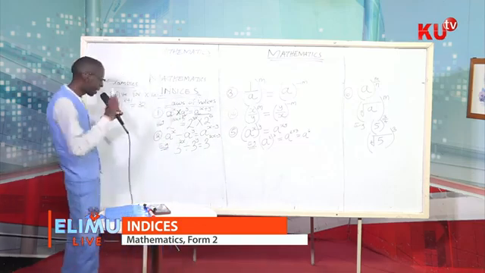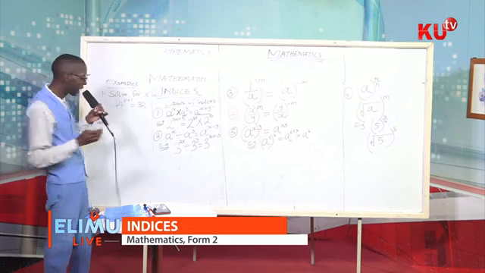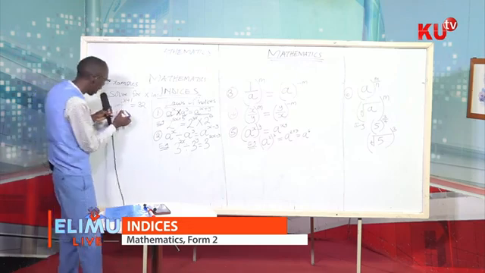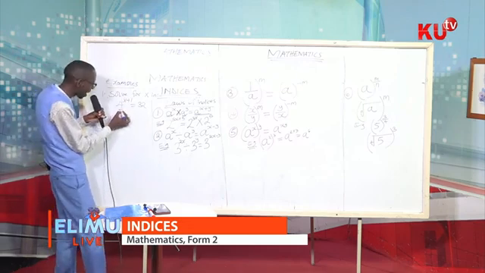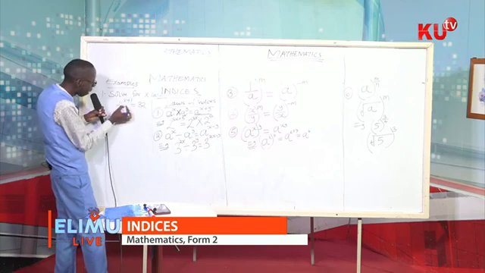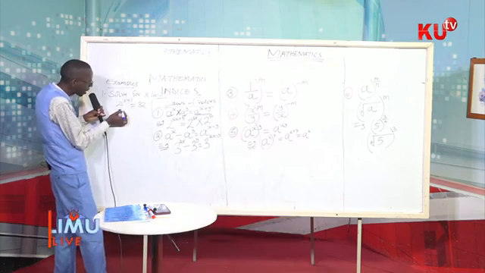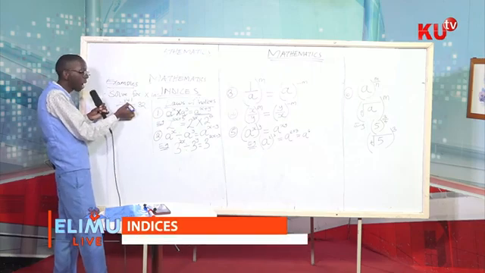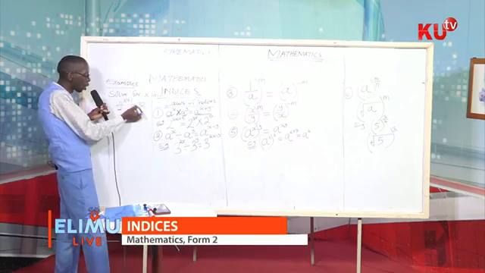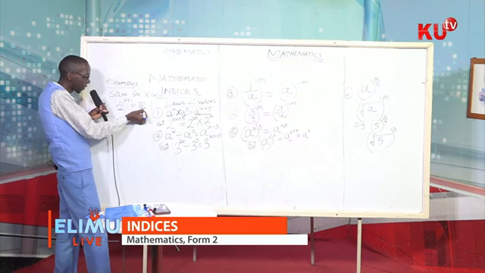So the first thing when solving questions on indices is to look at the bases. I said there is the bases and there is the powers. We have a base 4 here and we have power x plus 1. Look at these two bases.